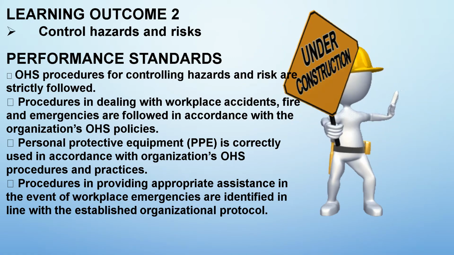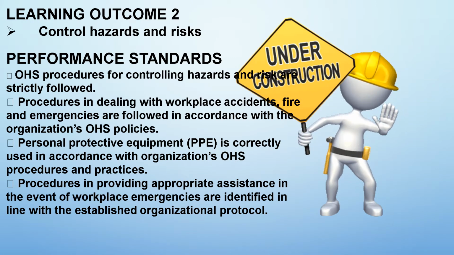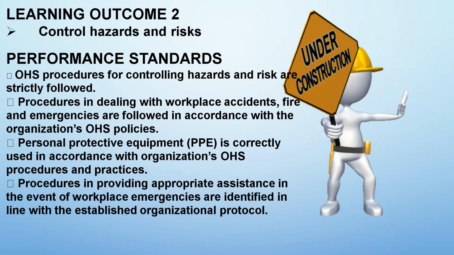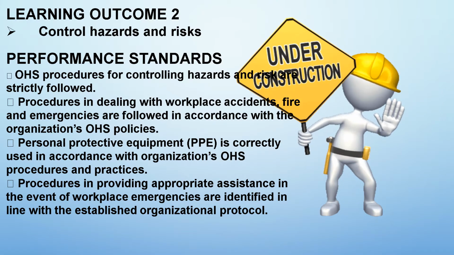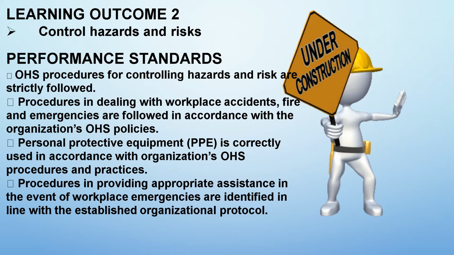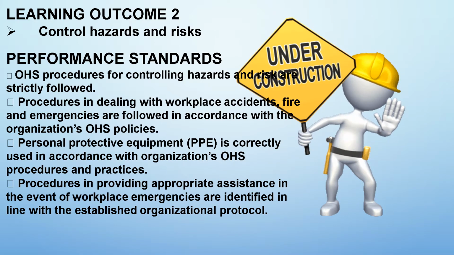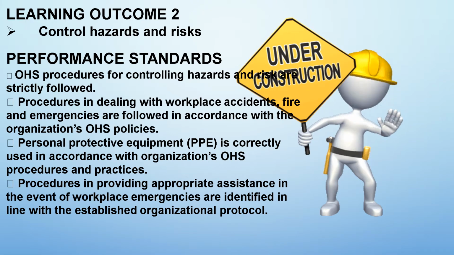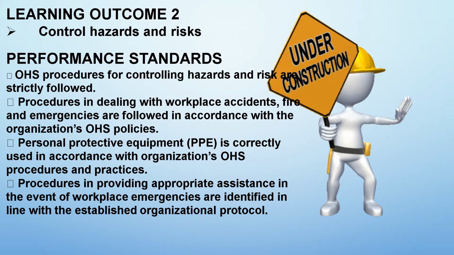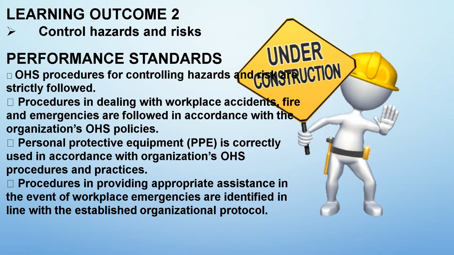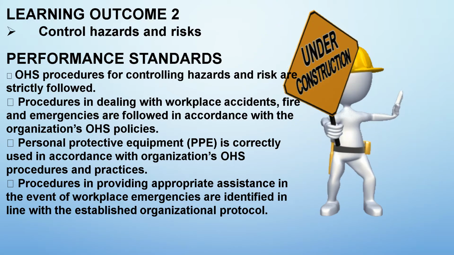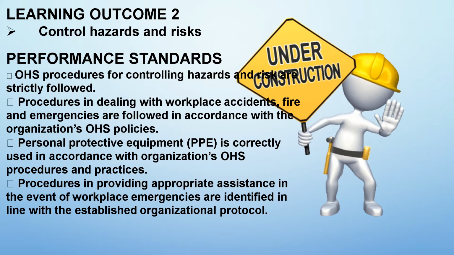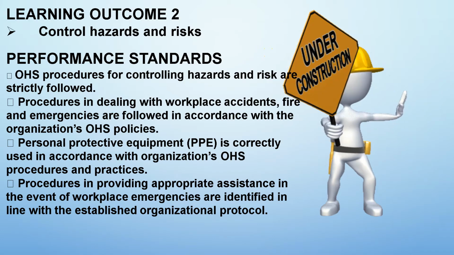Third, personal protective equipment or PPE is correctly used in accordance with organization's OHS procedures and practices. And lastly, procedures in providing appropriate assistance in the event of workplace emergencies are identified in line with the established organization protocol. Those are the 4 performance standards in Learning Outcome 2, Control Hazard and Risk.